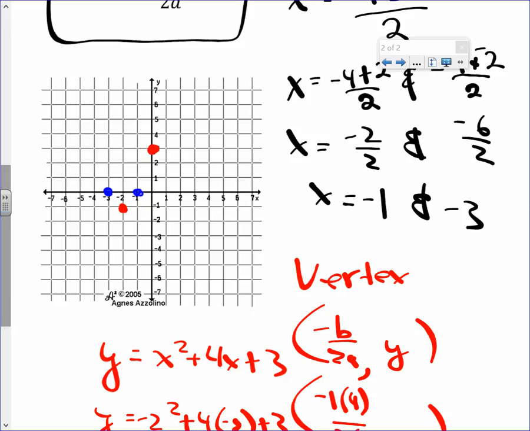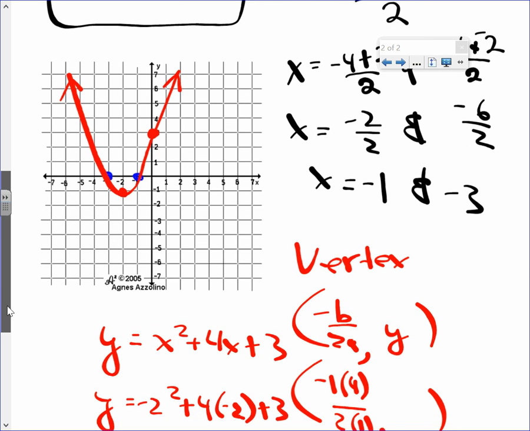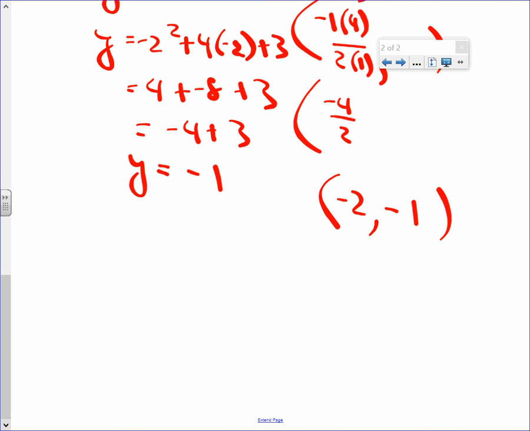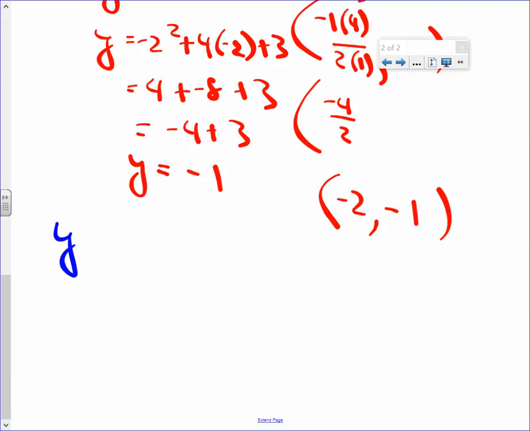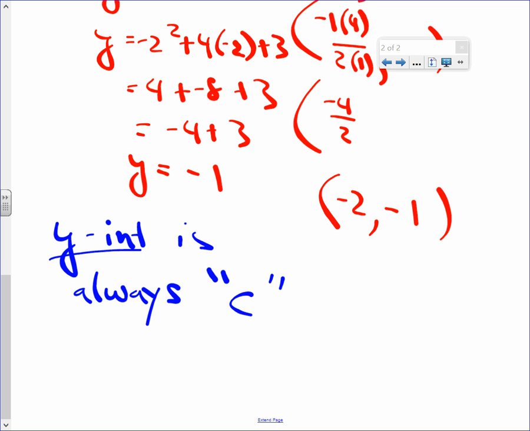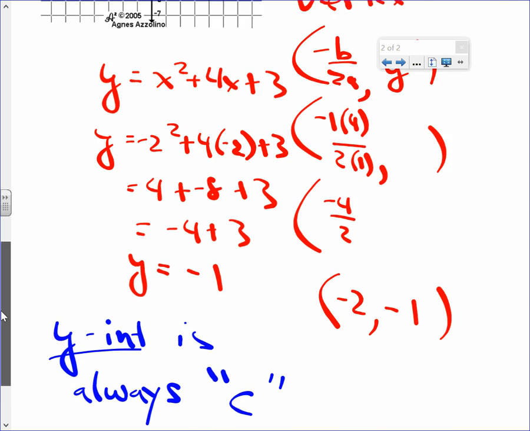Let's draw a parabola. Coming down, vertex, coming up. We're rocking and rolling. So the y-intercept, let me write down here, just for those of you who are lost. The y-intercept is always, one more time, C. Whatever C is, that's your y-intercept.